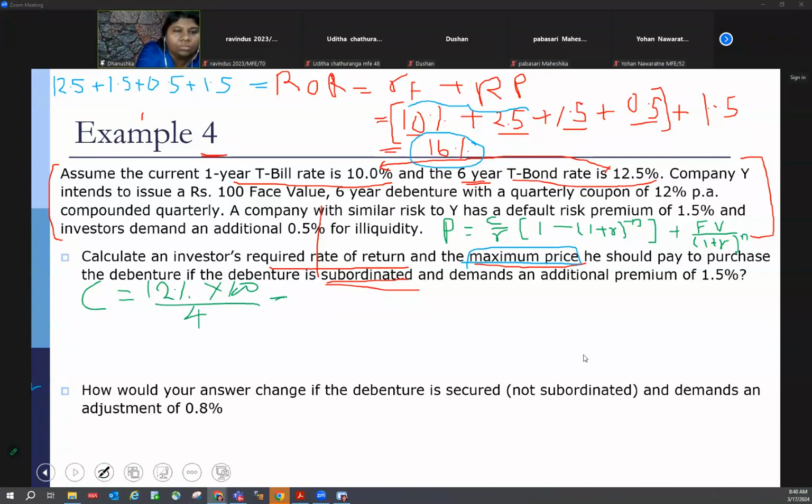So your coupon is 3. Then what is your R? R is 16%. That is for the period divided by 4, 4%. And N, how much is N? N is, it's a 6-year bond, 4 payments, so 24. Right.